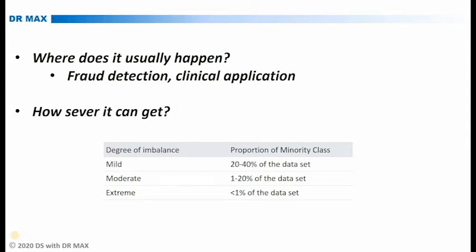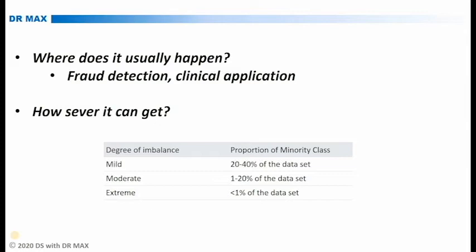However, if the concentration of the minority class falls below 20%, we have a moderately imbalanced dataset, and that's where our problems get started. And even more, if we have 1% or below 1% concentration of the minority class, we have an extremely imbalanced dataset.